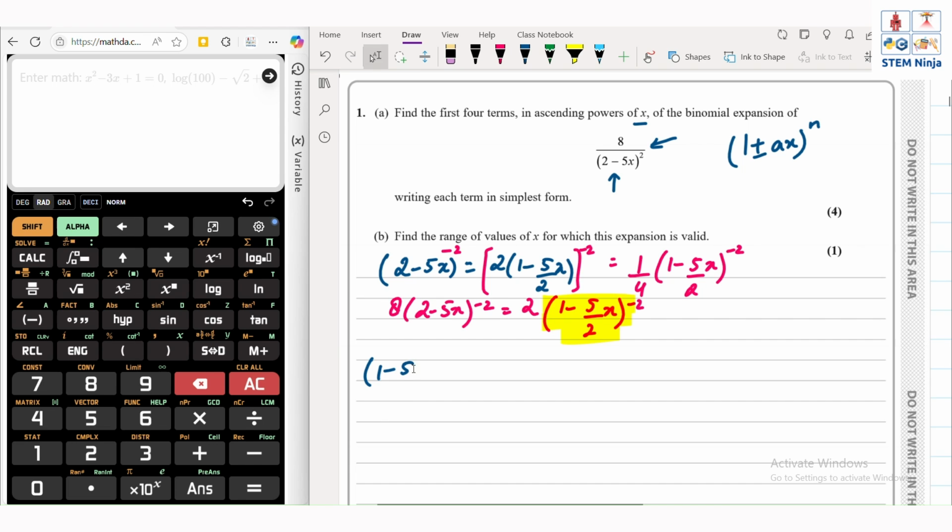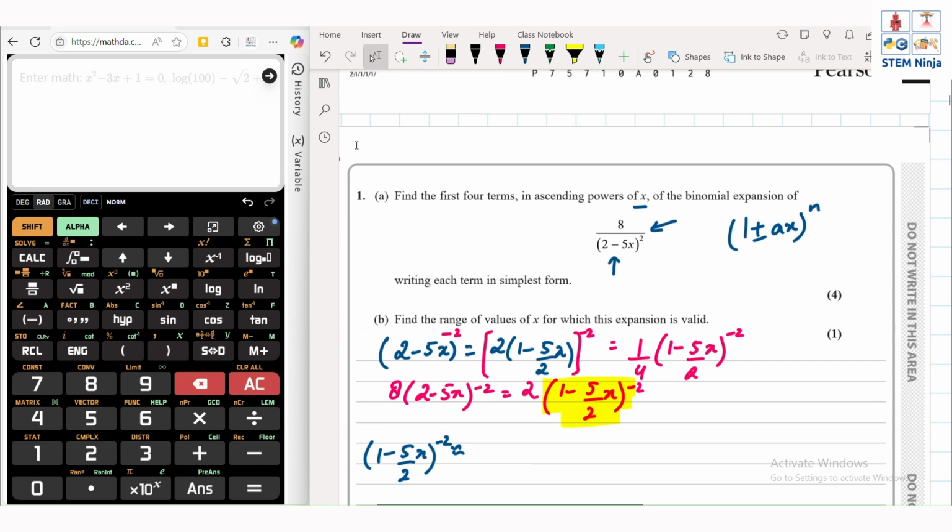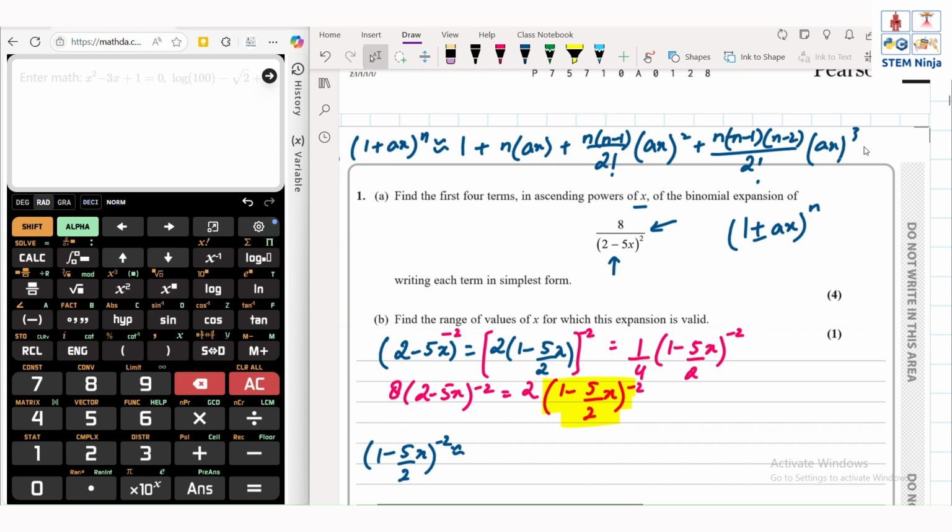So 1 minus 5 over 2x raised to power minus 2. We know the formula. If you're not familiar with the formula, I'll write it over here. If you have 1 plus ax raised to power n, this can be expanded as 1 plus n times ax plus n times n minus 1 over 2 factorial times ax whole squared, plus n times n minus 1 times n minus 2 over 3 factorial times ax whole cubed, and so on.